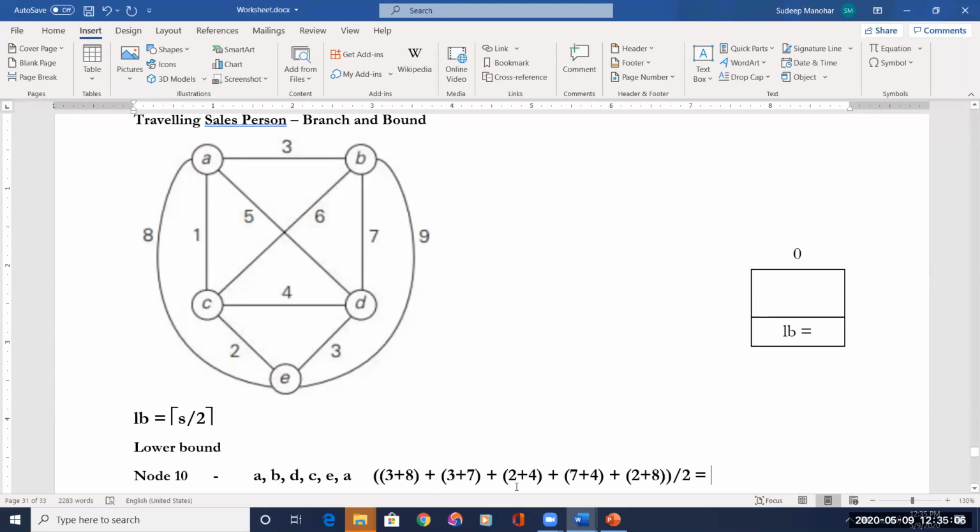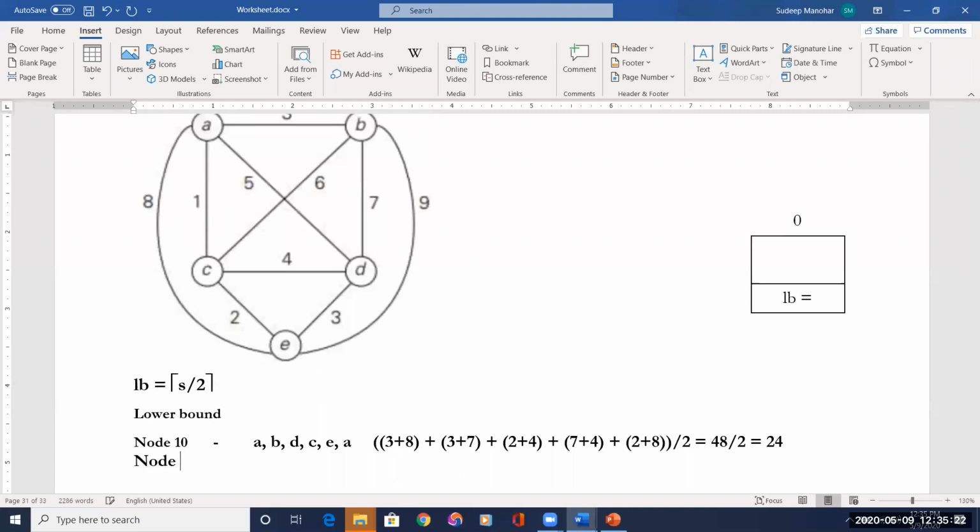11, 21, 27, 38, 48. 48 by 2 is equal to 24. This is node number 11.